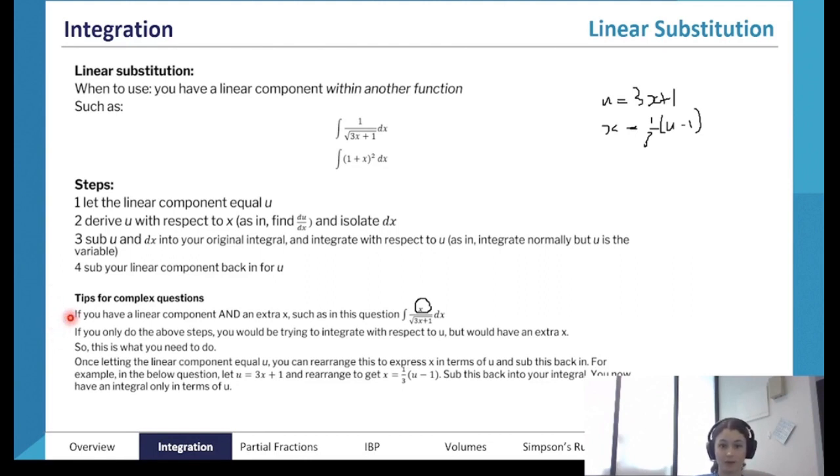Because what that allows you to do, especially when your extra x is on the numerator, is split up the fraction and integrate really easily.